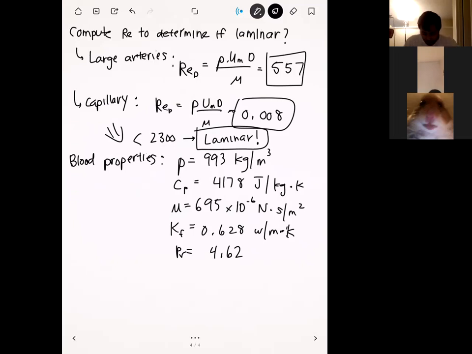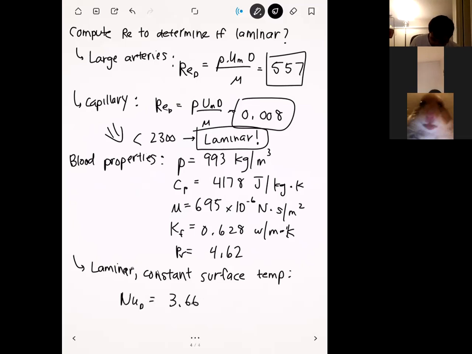Okay. And since our flow is laminar, and since we have a case of a constant surface temperature, we know that our Nusselt number is going to be 3.66.